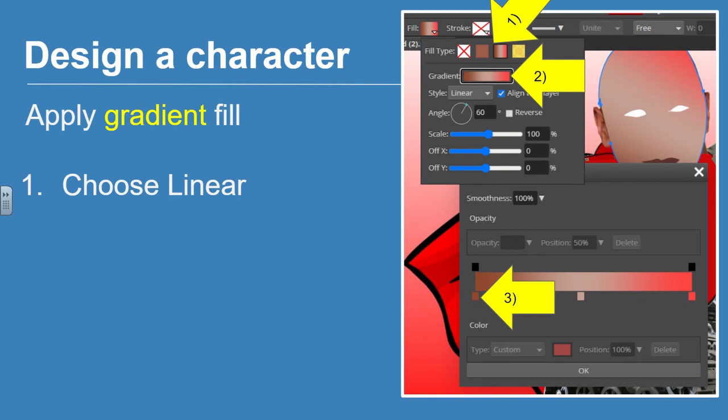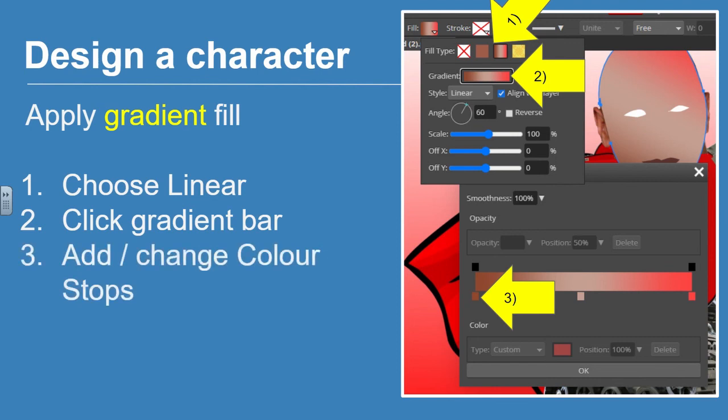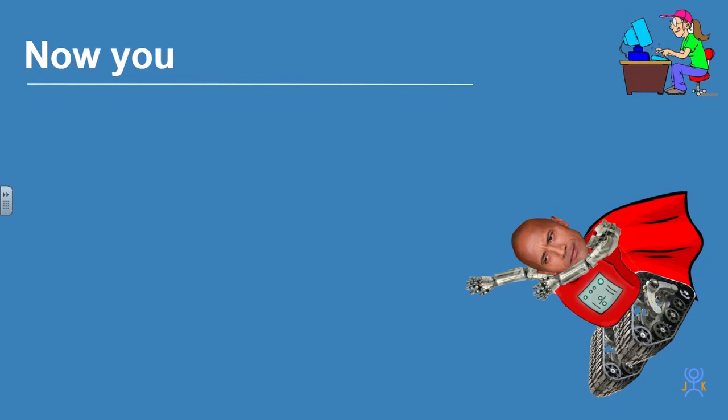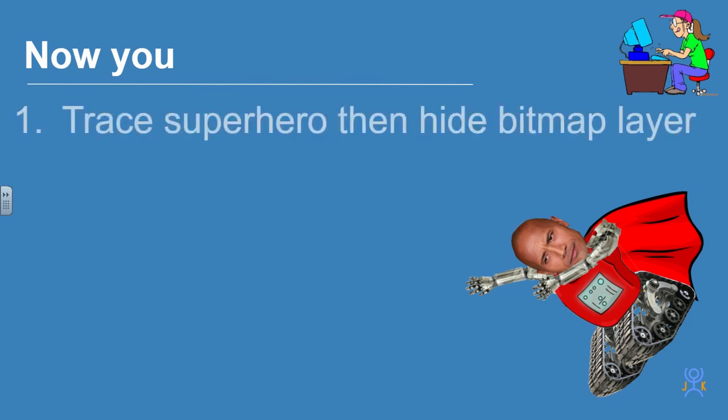Radial is sort of a circular gradient. And then click on this gradient bar, so number 2, and then number 3, you can change these coloured stops, and they control how the gradient looks, right? And once all that's done, you can actually also change the angle of the gradient, but I'll show you that in the video.